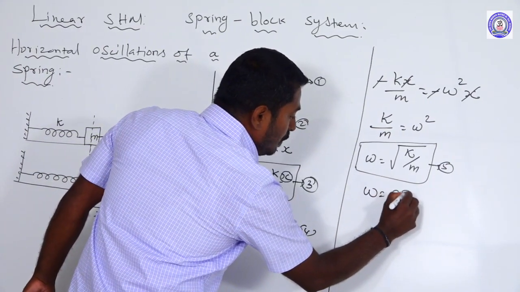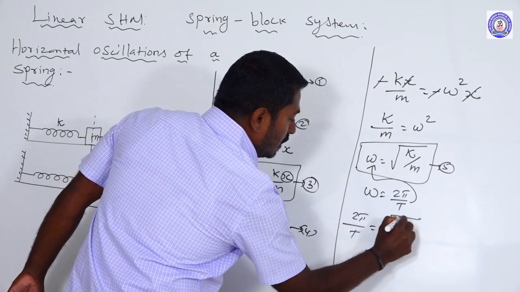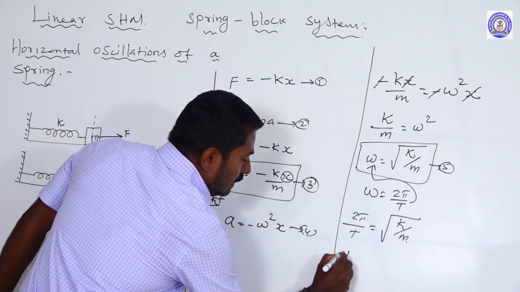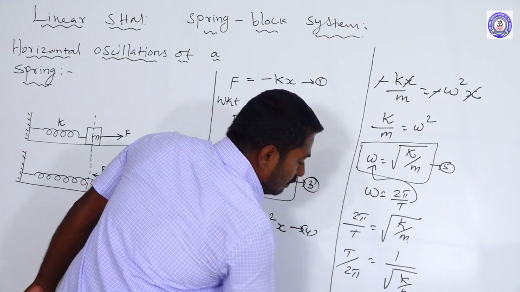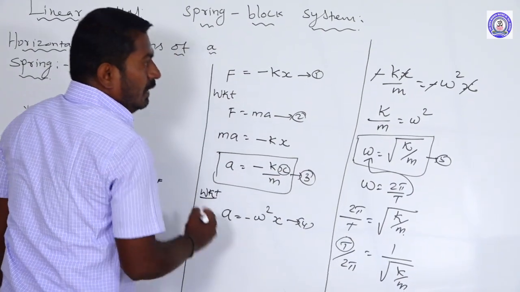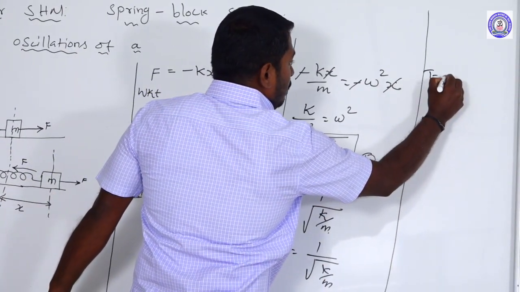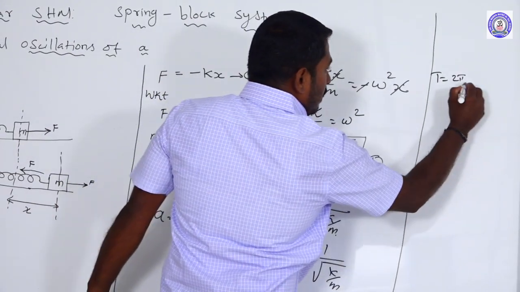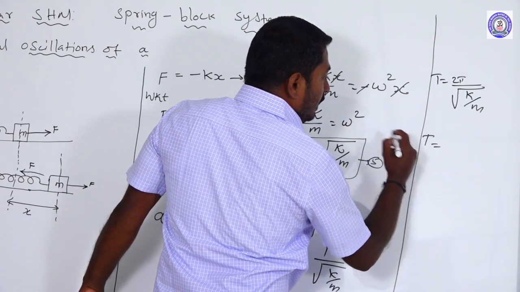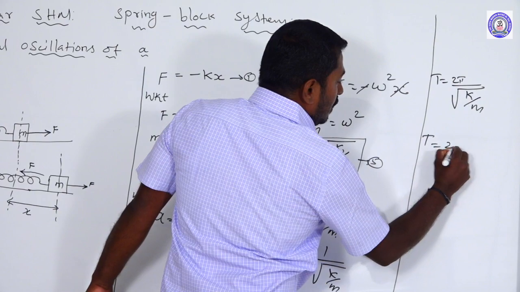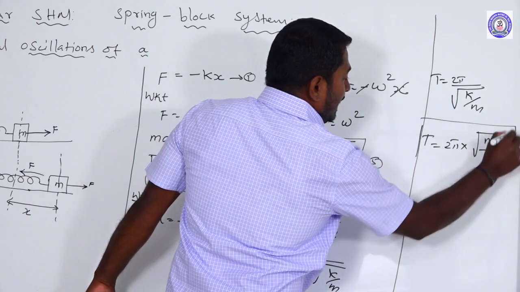Omega is equal to 2 pi divided by T. Substituting, 2 pi divided by T is equal to the square root of K divided by M. So T divided by 2 pi is equal to 1 divided by the square root of K divided by M. So T is equal to 2 pi divided by the square root of K divided by M. So the time period of the linear simple harmonic oscillator, 2 pi into the square root of M divided by K, is an important expression.